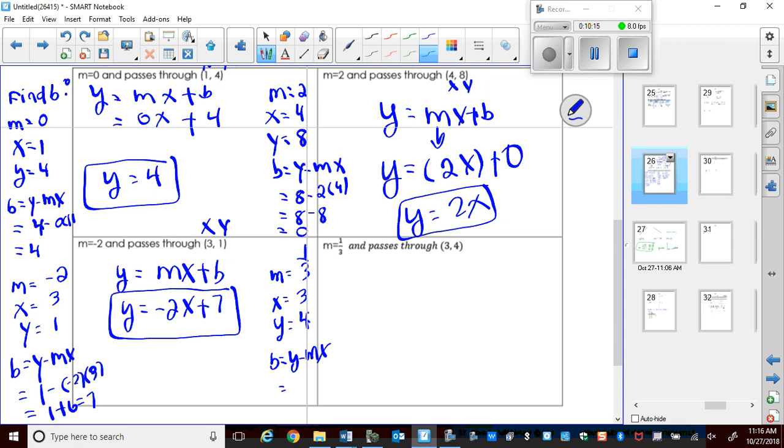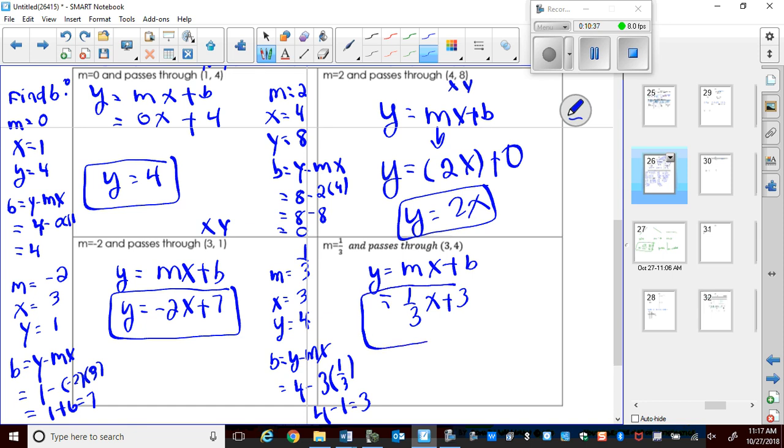So, finding b, I have 4 minus 3 times 1/3, or 4 minus 1, which equals 3. That's b. So I rewrite the slope-intercept form of the linear equation, and I get y equals 1/3 x plus 3. Here's my final answer for this equation, going through this point.